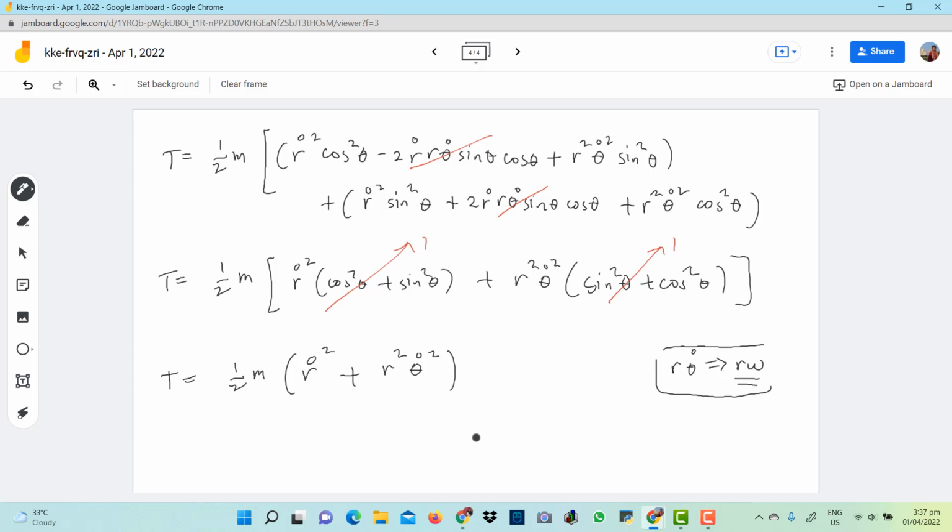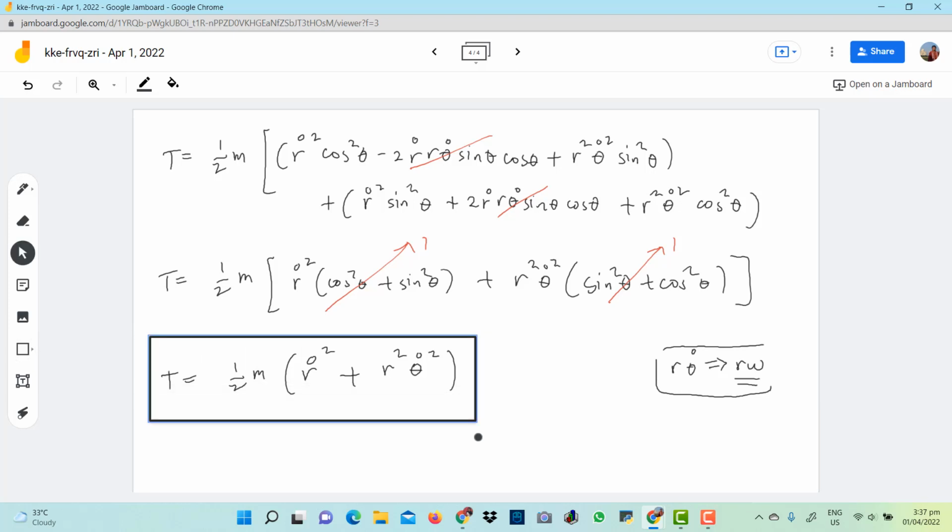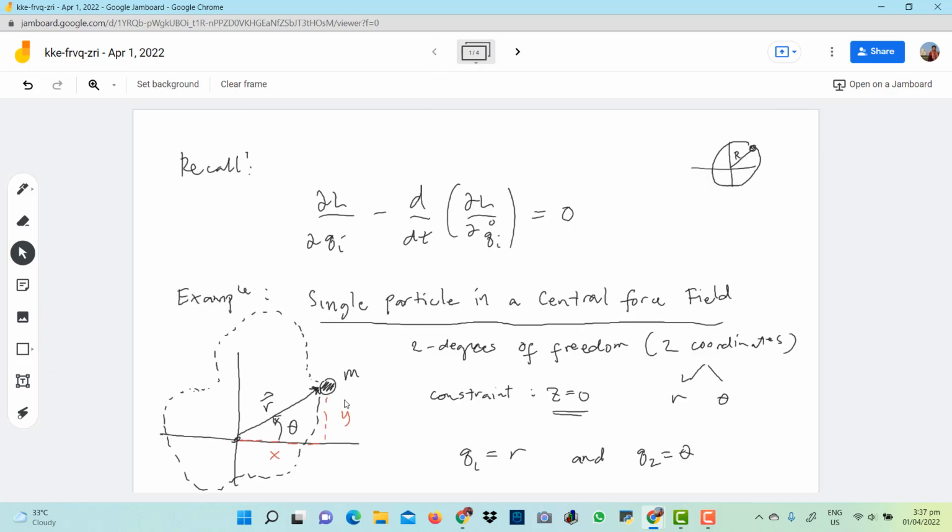So always take note of this. Whenever your particle rotates, there is a circular motion. As you can see in our example, there will be a rotation, so it has rotational kinetic energy. It also has translational motion, because r is not constant. It is translational and at the same time rotational motion.